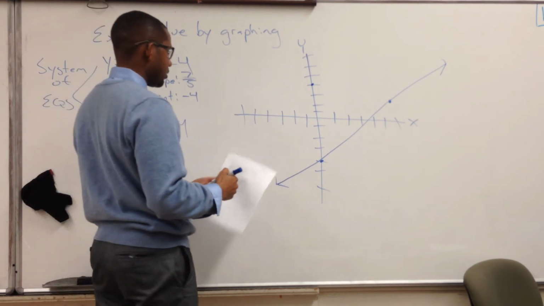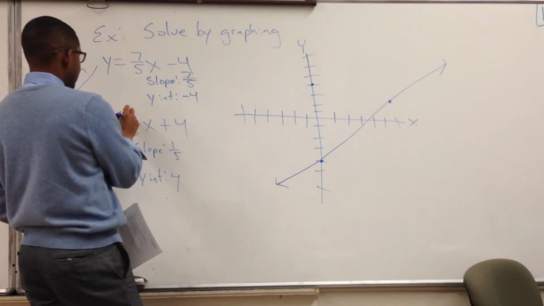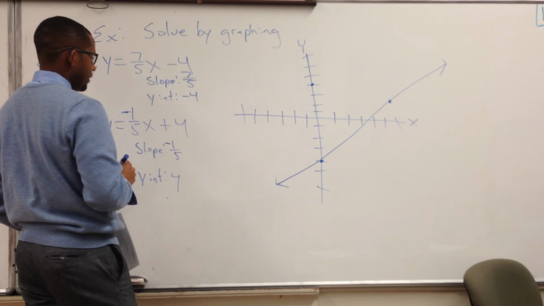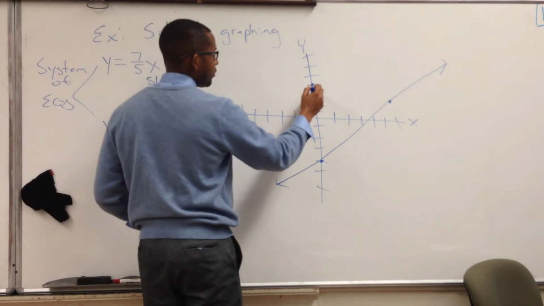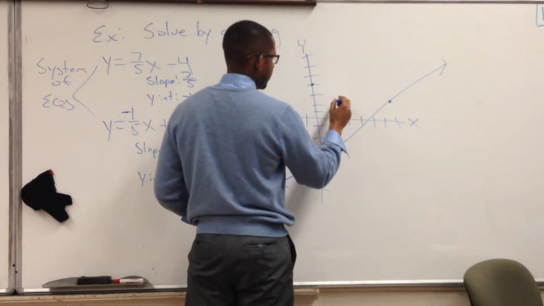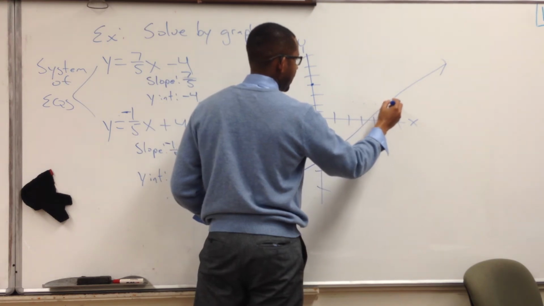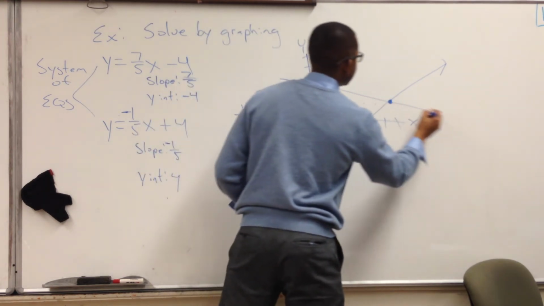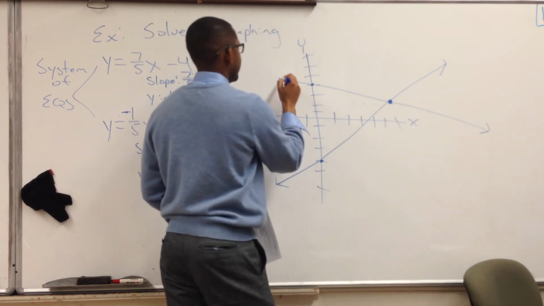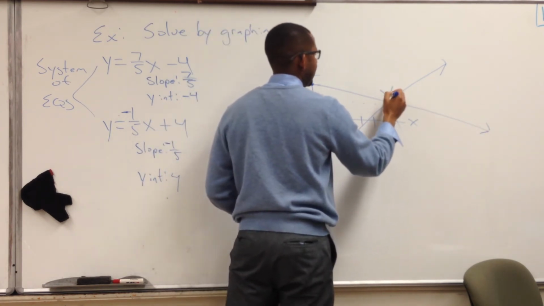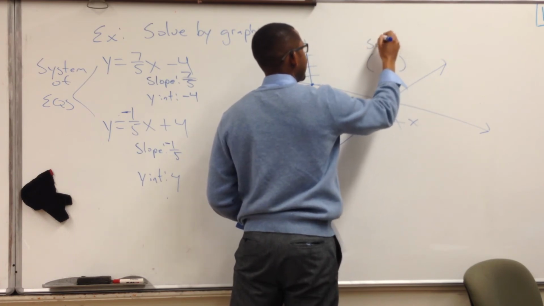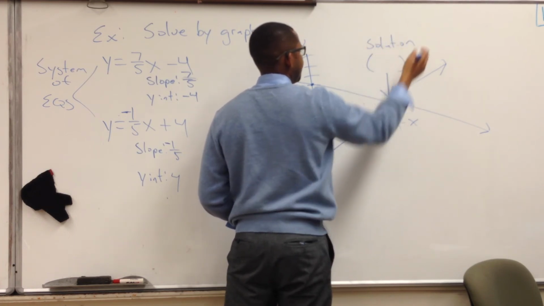Ooh, I think I was supposed to be -1/5, excuse me. Change this to a negative. This slope should be a -1/5. So I'm going to go down 1 and over 1, 2, 3, 4, 5. Here's my second point. Notice that right here, this point is my solution.